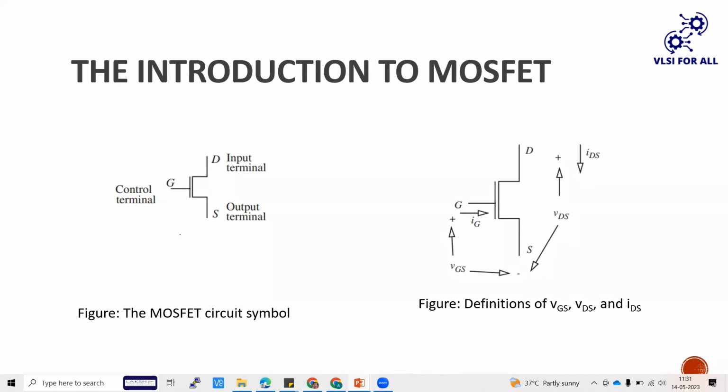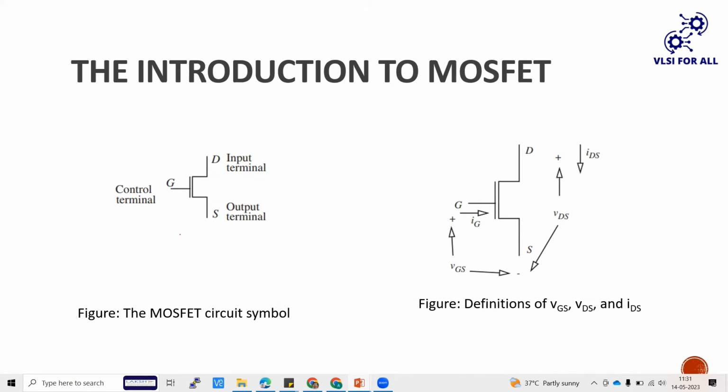Remember. And by default, we assume enhancement MOSFET only because of the power issue. Because by default, in E MOSFET, the input voltage, let's assume 0, is less than threshold voltage, then the device will be in off condition only. That's the reason by default we assume E MOSFET only.